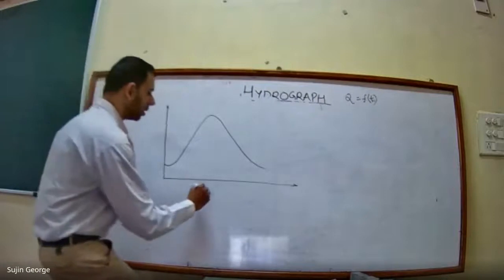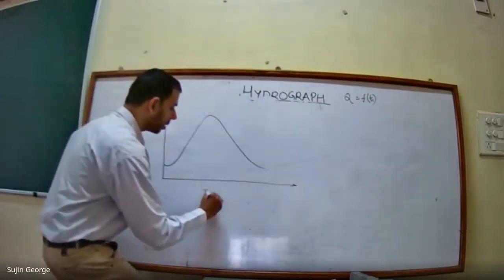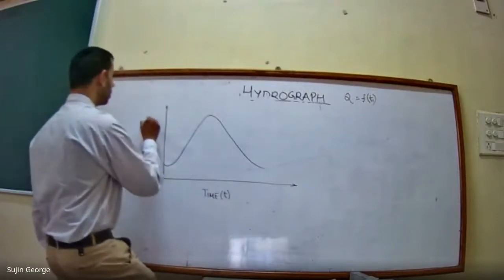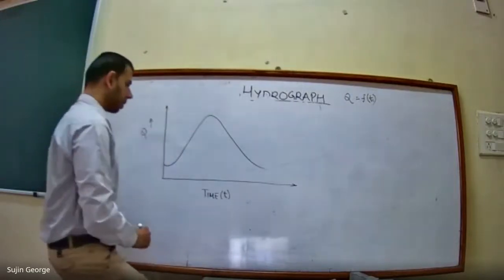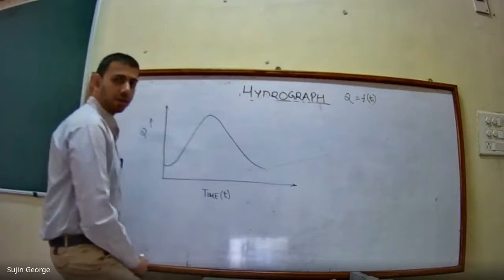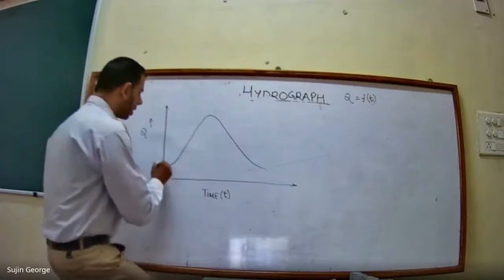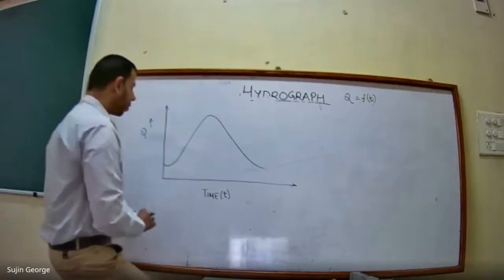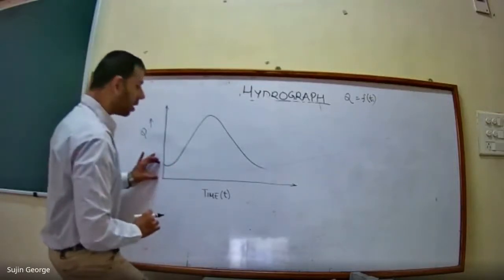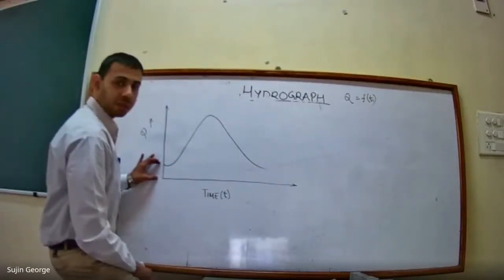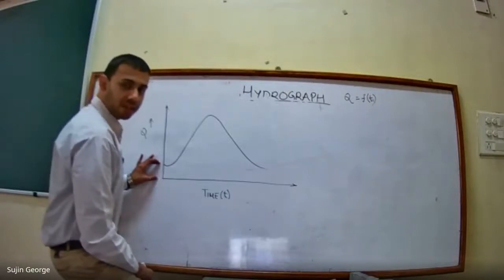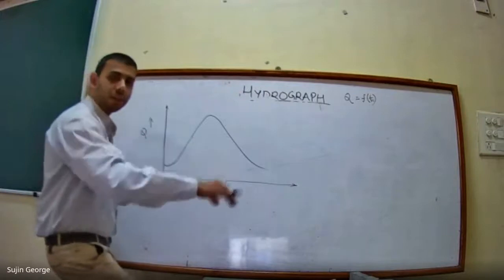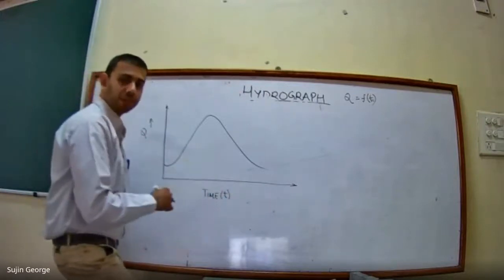So you can see here there is time t, here there is a discharge Q, and this is called the hydrograph. Now here I have not shown it from the 0th level. I have shown it at some height above the 0th level. Now why is this so? This is to encompass the initial losses that have taken place.